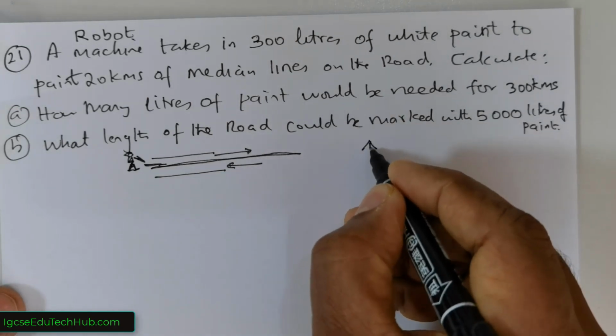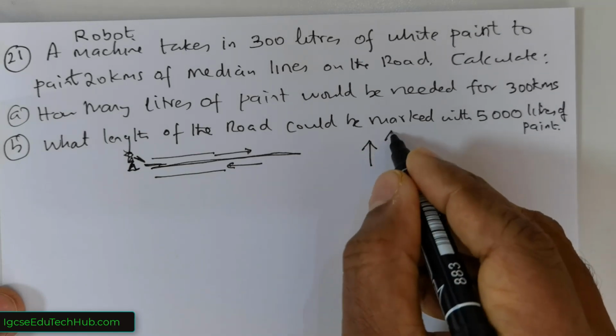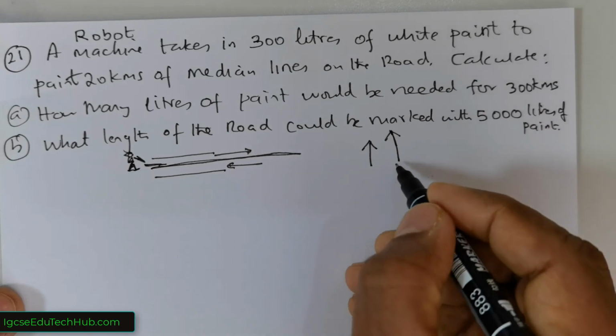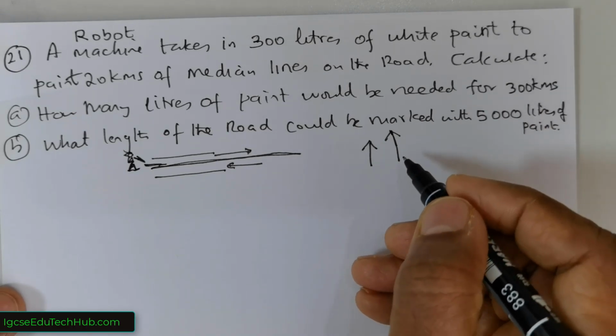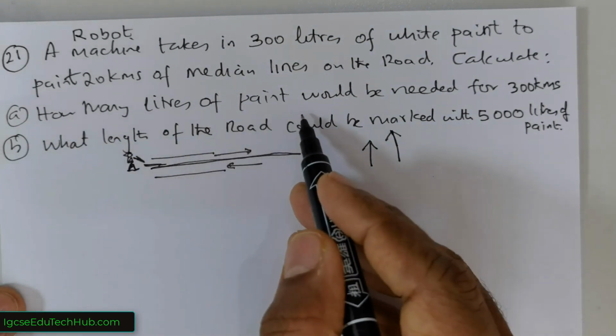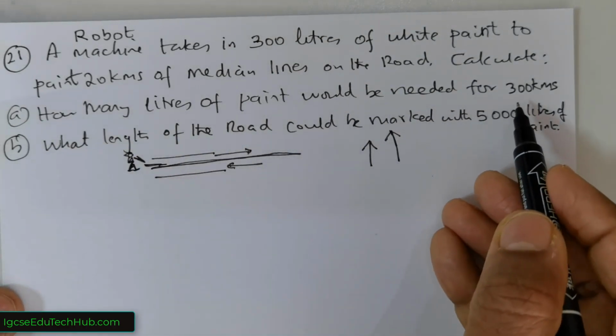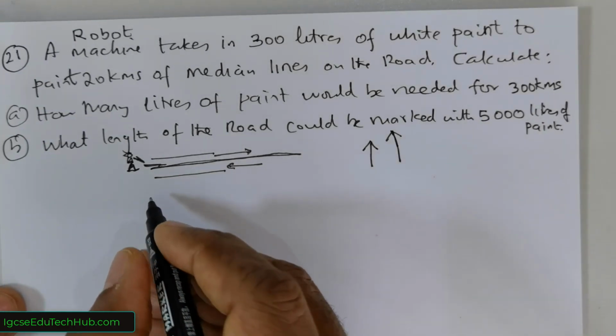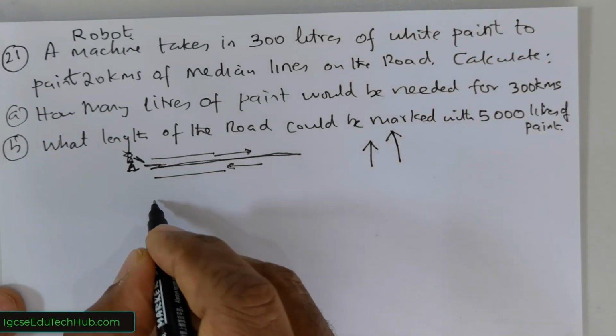So greater the number of liters of paint, the greater the lines would be marked on the road. So I'm going to create a system. Now we are required to find two things. How many liters of paint would be needed for 300 kilometers? So I'm going to use the following system.